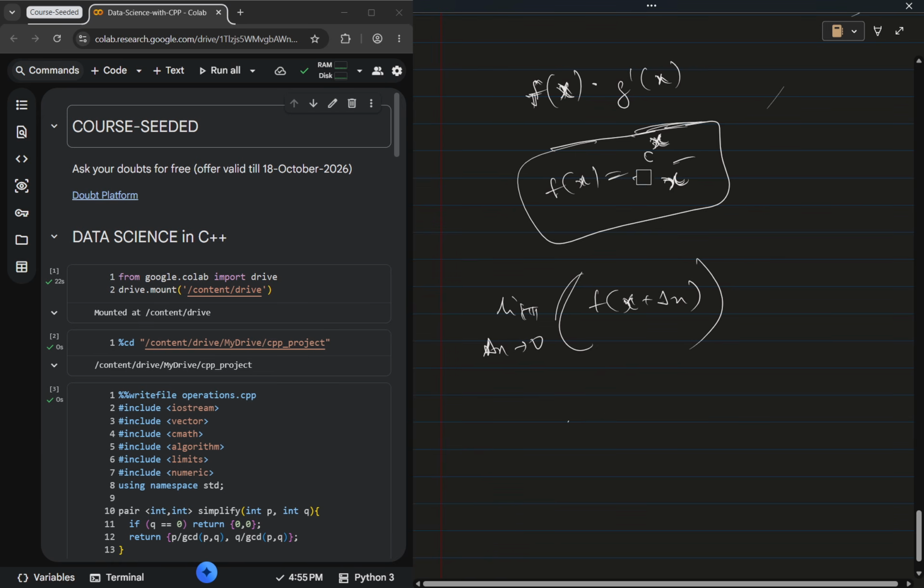So let's say f(x) is your (x minus 2) whole square. Let's say we have this instead, this would be even better: x square.